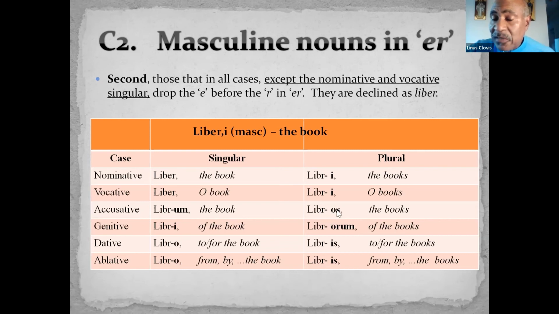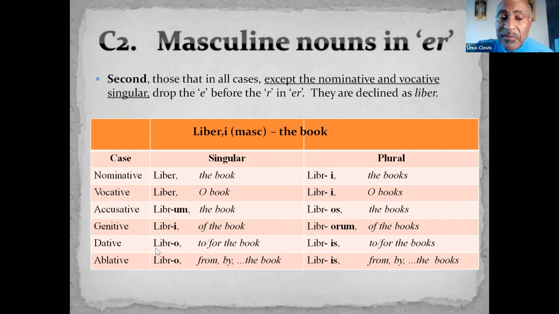So just as for the dominus, librus. Librus, sorry. Okay. Genitive, libri and librorum.